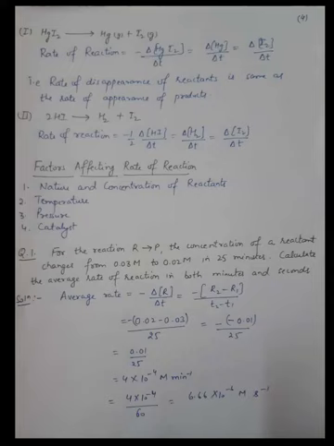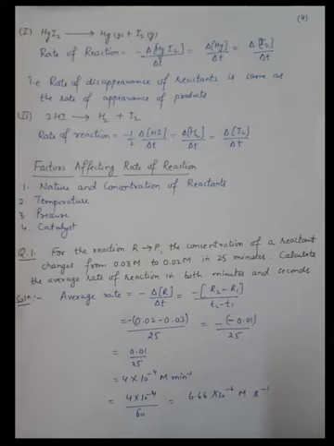Now a question related to average rate. Number 1, for a reaction R to P, the concentration of a reactant changes from 0.03 molar to 0.02 molar in 25 minutes. Calculate the average rate of reaction in both minutes and seconds. By the definition, we know average rate is equal to minus delta R upon delta t.